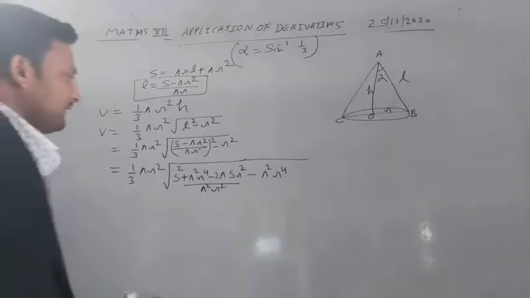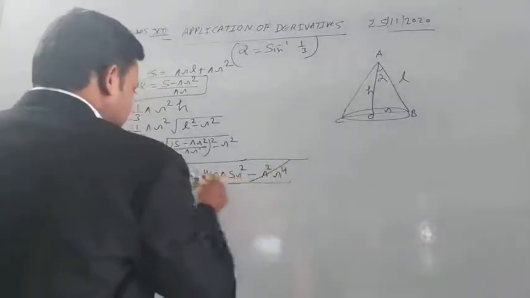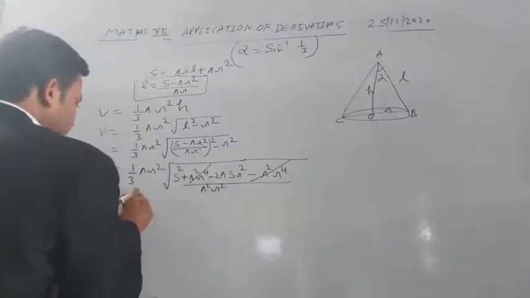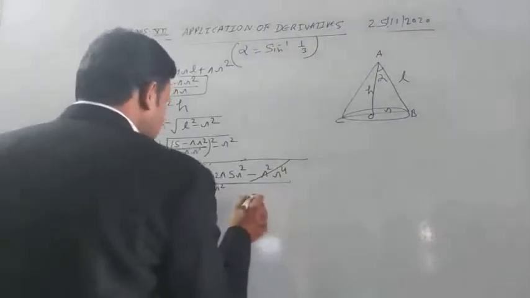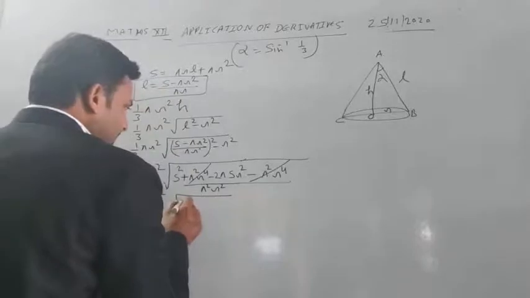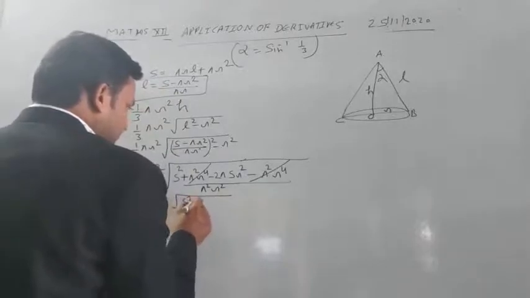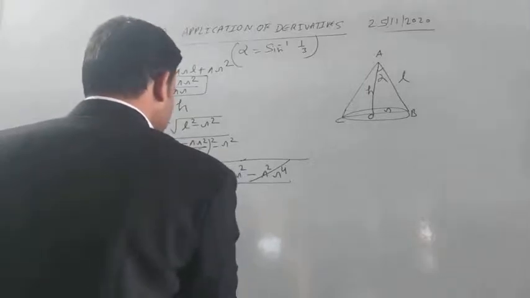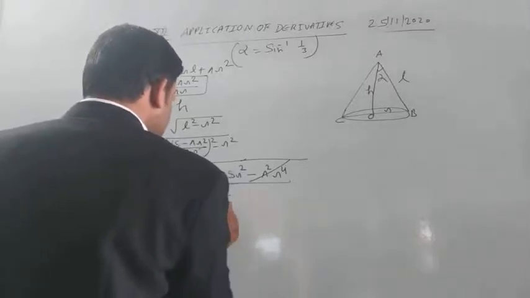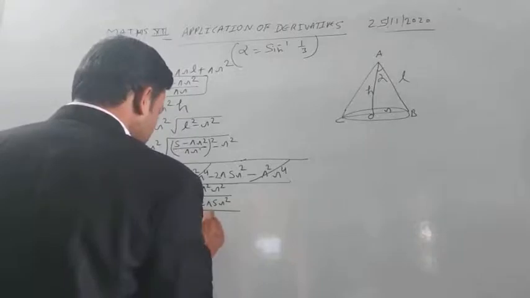Now we see that this term is going to be cancelled. We have 1 by 3 pi r square and under root s square minus 2 pi s r square by pi r.